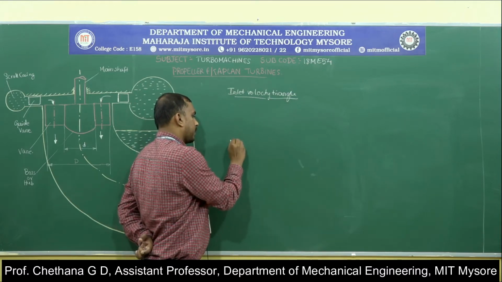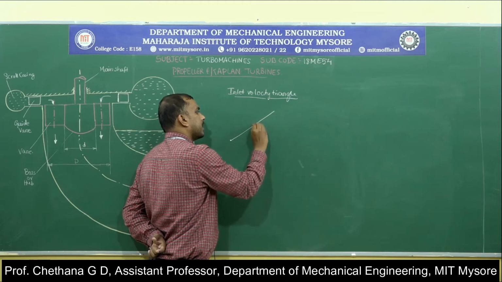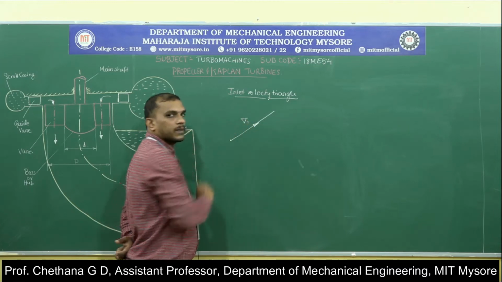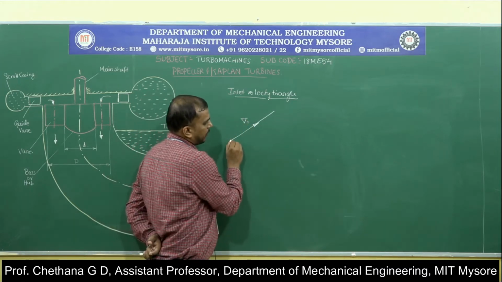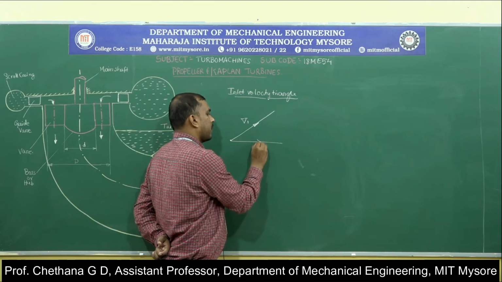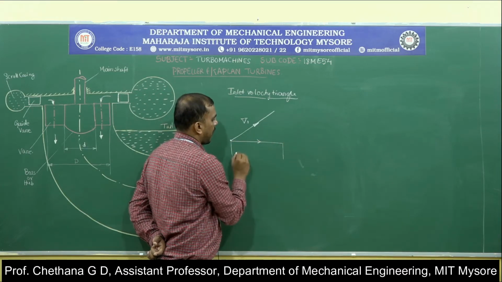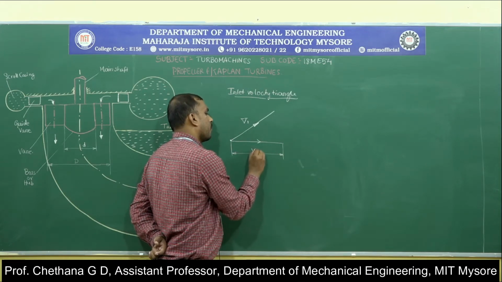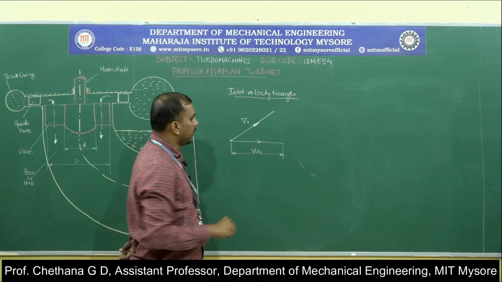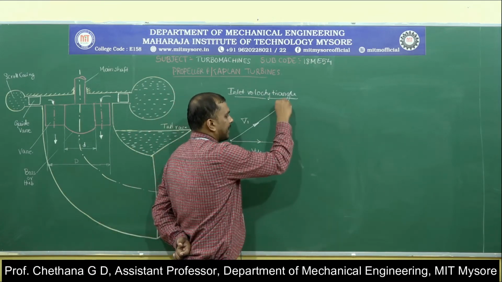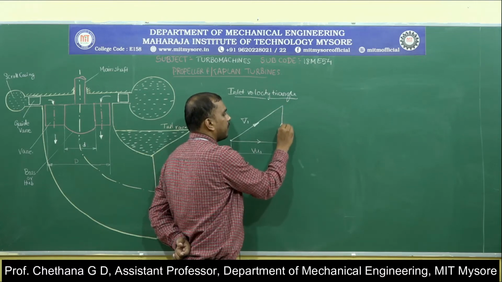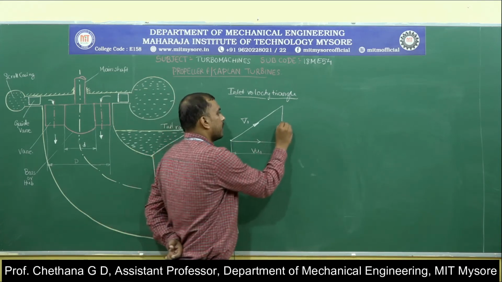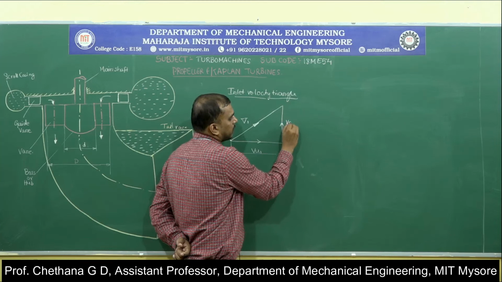We start from a point where we write the absolute velocity V1. Okay. Now the horizontal component of V1, the horizontal component of absolute velocity, we call it Vu1. Okay. Now the flow component of this, or the vertical component of this, we call it flow velocity Vf1, which has to be in this direction as we discussed.